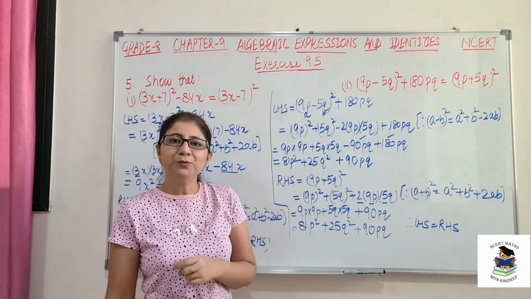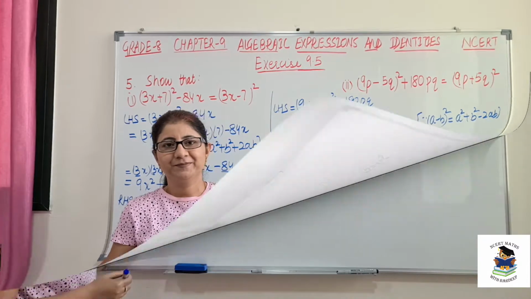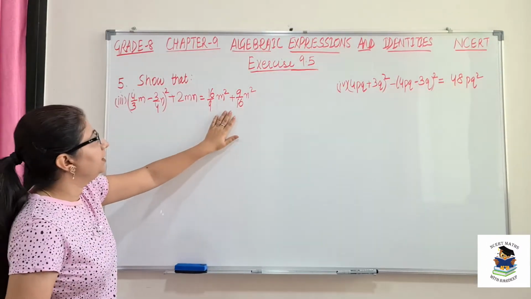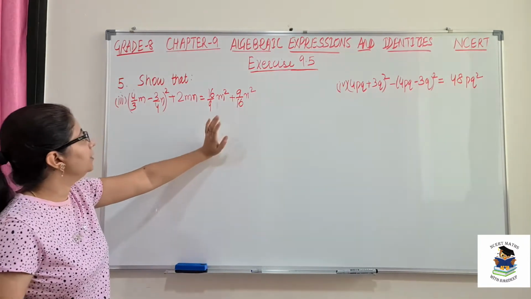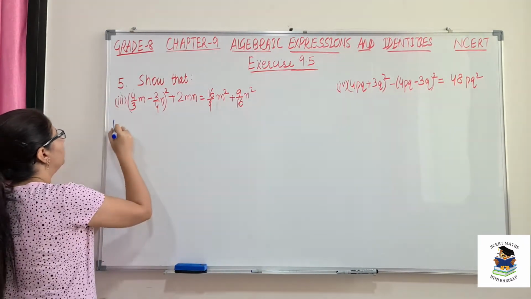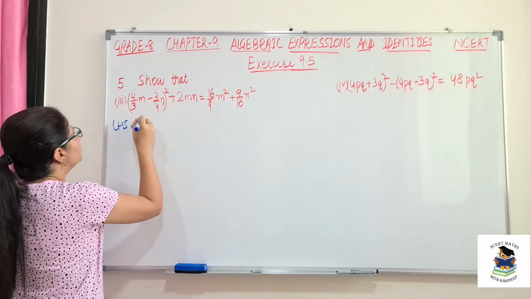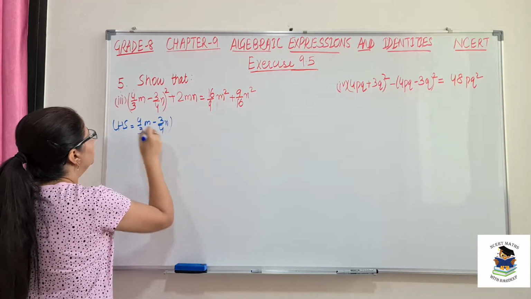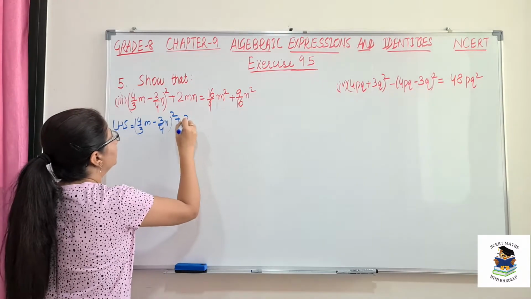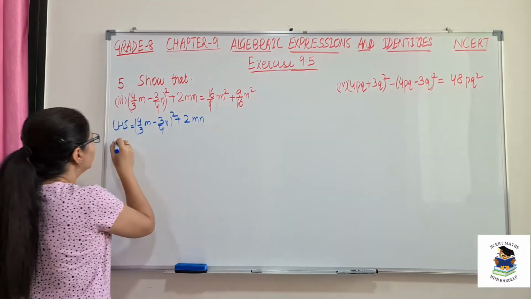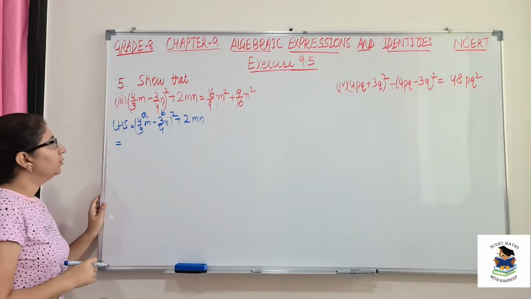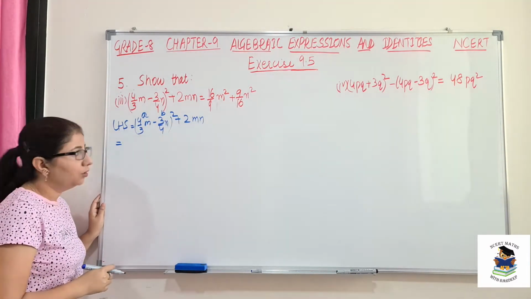Okay. So now let's move on to the third part. So the third part is this, it should be equal to the right hand side of this equation. So let's start from left hand side. This is (4 by 3 m minus 3 by 4 n) whole square plus 2mn. Okay. So again this is our a, this is our b and we are going to use (a minus b) whole square.